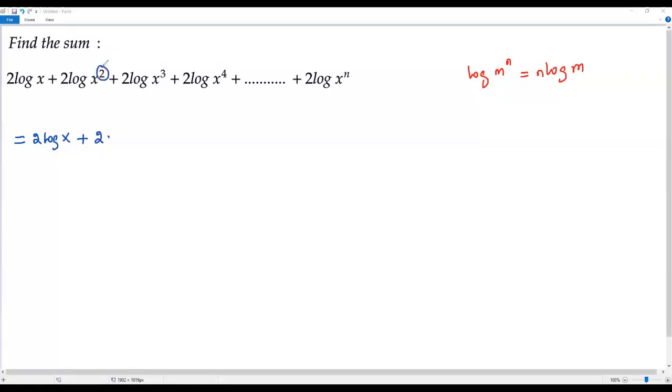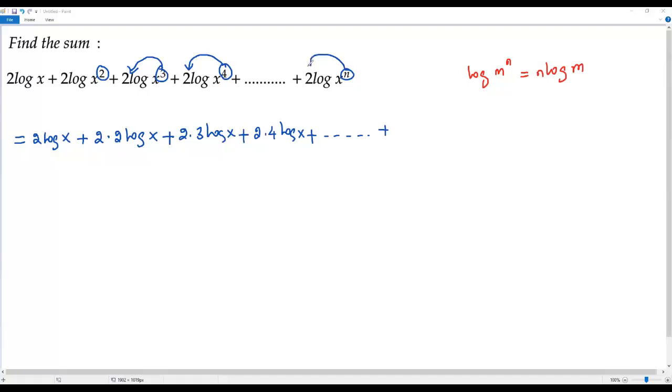Now I can move this exponent in front of the logarithm, so it will be 2 times log x, plus, moving this exponent in front, 2 times 3 log x, plus, the same thing with this exponent 4, 2 times 4 log x, plus, I can move this exponent n in front of the logarithm, and I'll get 2 times n log x.